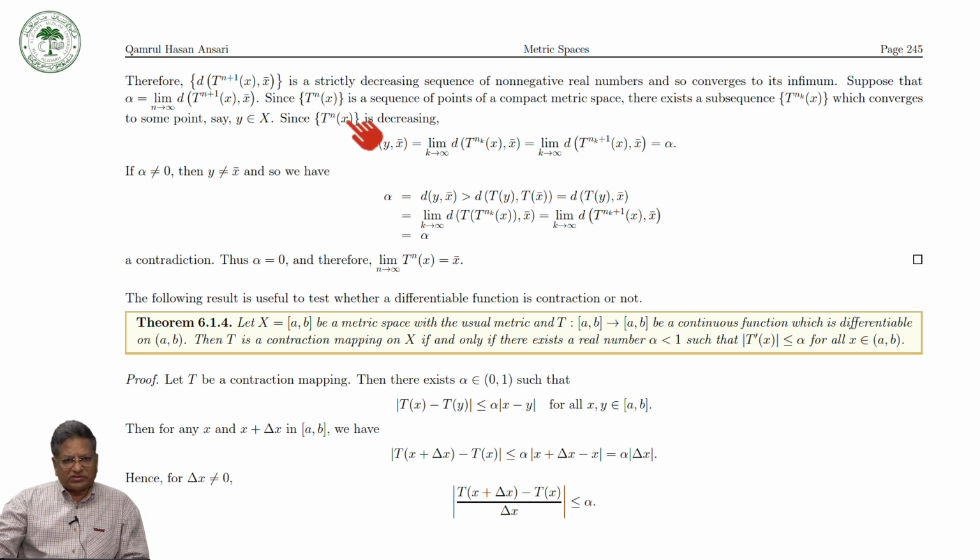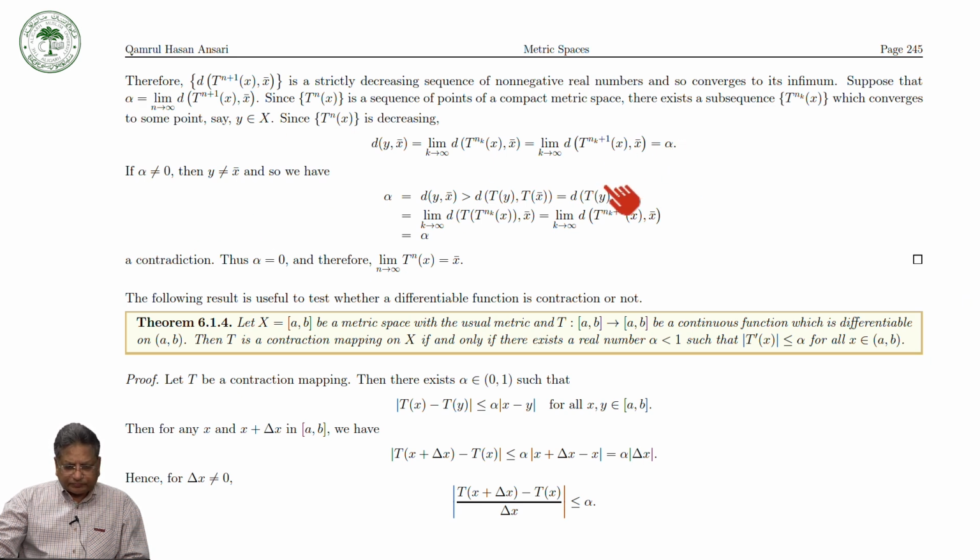Since d of T^n x, x bar is decreasing, we can write d of y, x bar is equal to this limit, because the subsequence converges to y. The sequence and subsequence converge to the same value, which we are assuming is alpha.